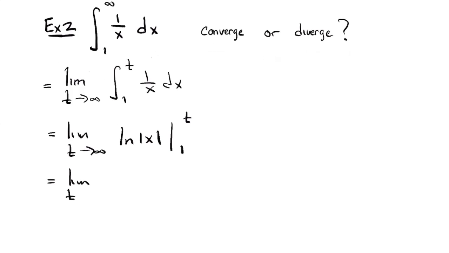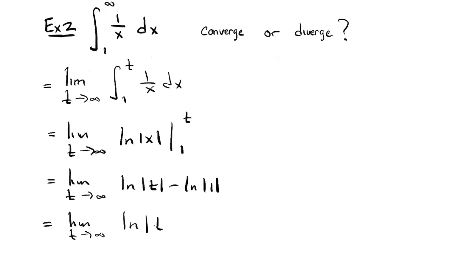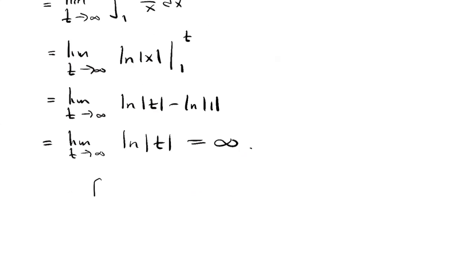So that's the limit of the logarithm of t minus the logarithm of 1. The logarithm of 1 is equal to 0, so this is just the limit as t goes to infinity of the logarithm of t. As t goes to infinity, so does its logarithm. So that limit doesn't exist, it's infinity, and the integral from 1 to infinity of 1 over x dx diverges.